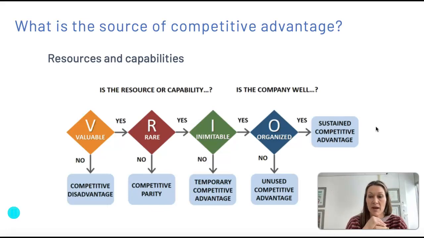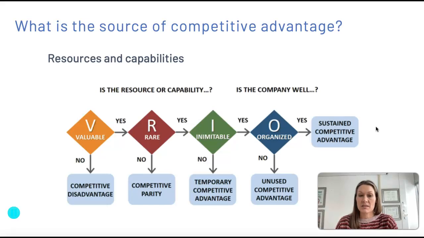So instead of talking about activities, they talk about resources and capabilities as the basis of competitive advantage. They think of firms as basically a collection of different resources. Those are the physical or intangible assets that add value. And capabilities are your abilities to exploit those resources in order to create value. So do you have the skills and ability to actually make use of a valuable asset?